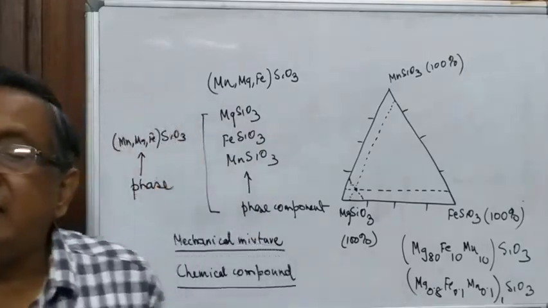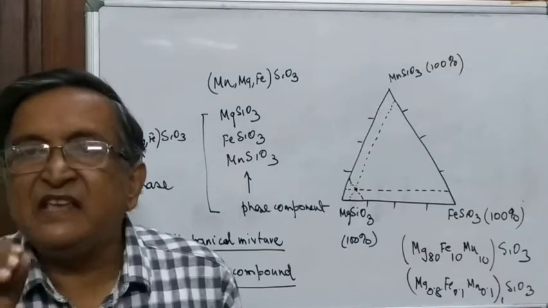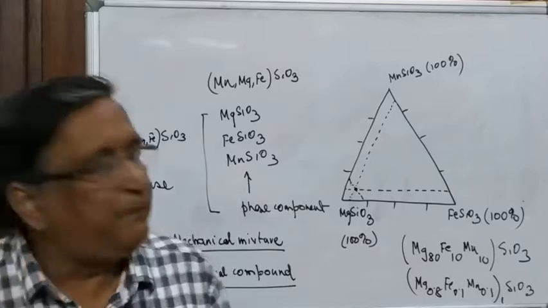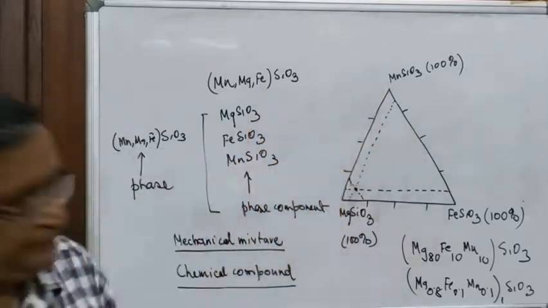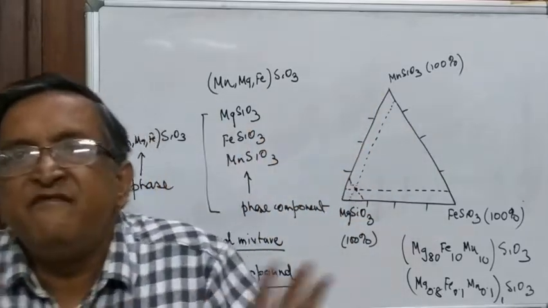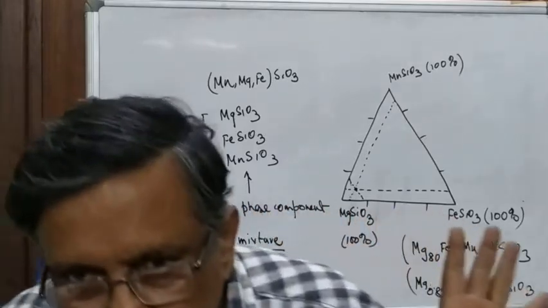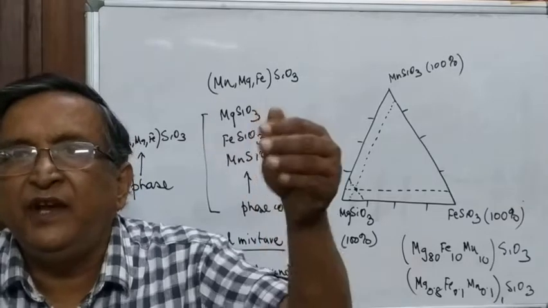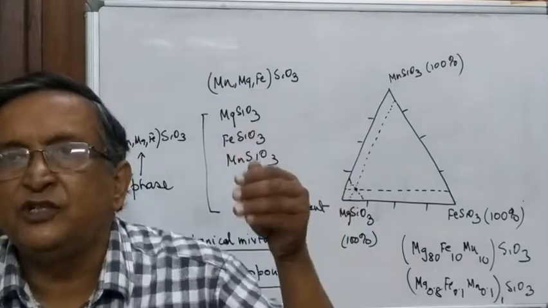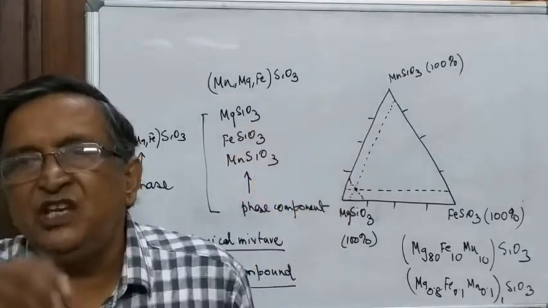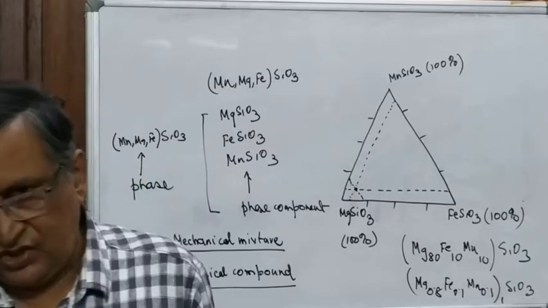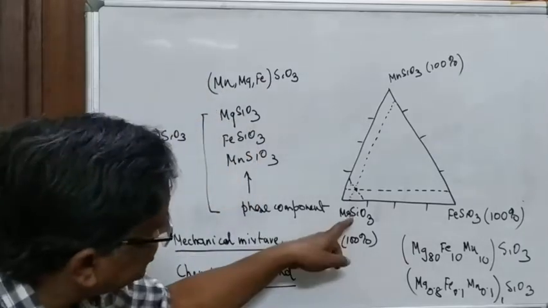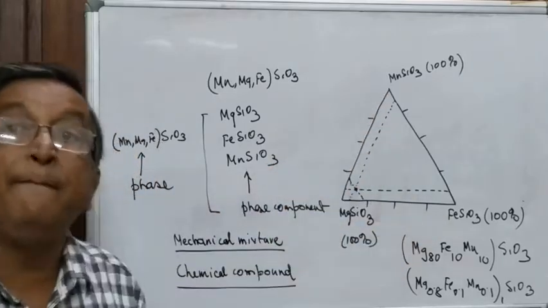But when I say a phase is a chemical compound, it's a solid solution where the three components cannot be physically separated. But the three components have three different equations of state in terms of G, H, V, S. They are different equations of state simply because their structures are not the same.